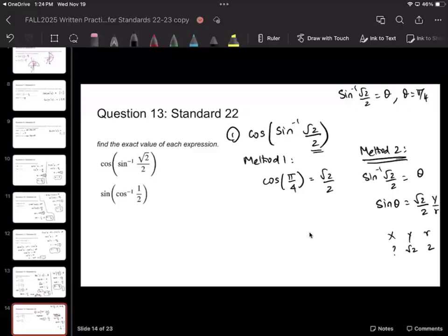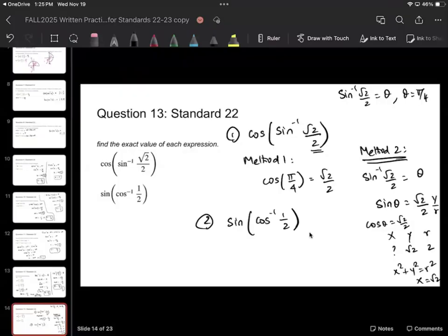Then what is x? If you solve using the Pythagorean theorem, x squared plus y squared is r squared, you will solve for x to be also root 2. That means cosine theta is root 2 over 2. So this is an elaborate way of solving, and we will adapt this method where it is needed. I'll show you where it will be applicable, whereas when you have a unit circle value, feel free to just use that value. I'll demonstrate again with the next example.